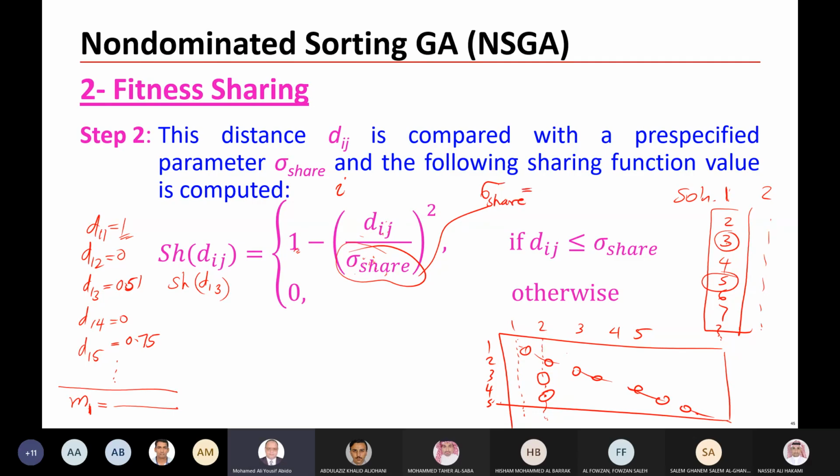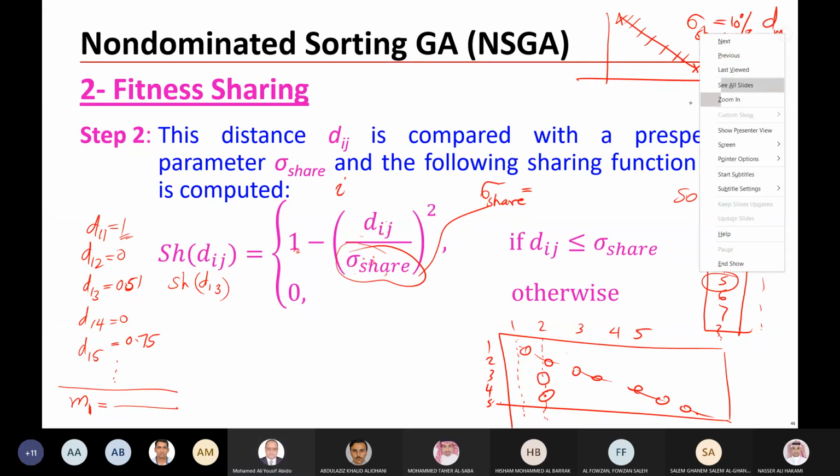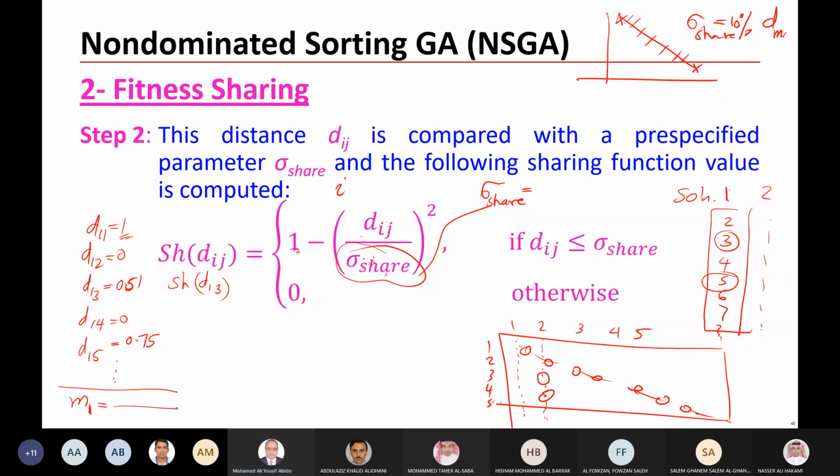Actually, as we mentioned, you measure the distance between the extreme points and divide it by 10. So this is the neighborhood. Sigma share equals 10% of D max. Okay? Is it clear? So this is a fixed value, and you define it at the beginning, the sigma share.